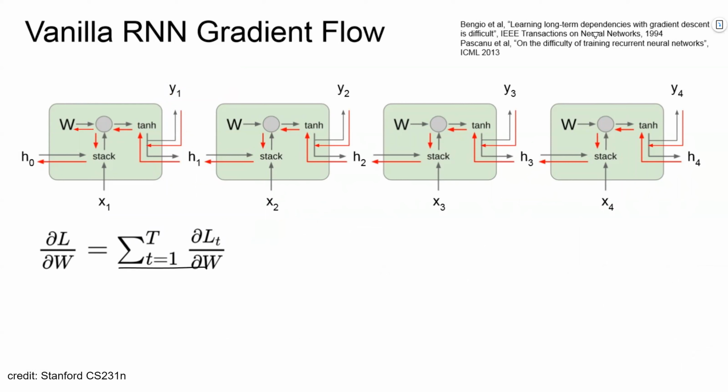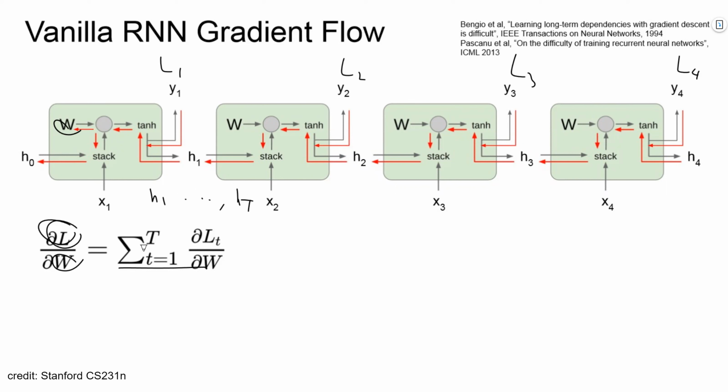So when we calculate loss 4, loss 3, loss 2, loss 1, to calculate the derivative of the loss with respect to W, we need to think about all the time steps because W is involved in all the process of calculating H1 to H capital T.